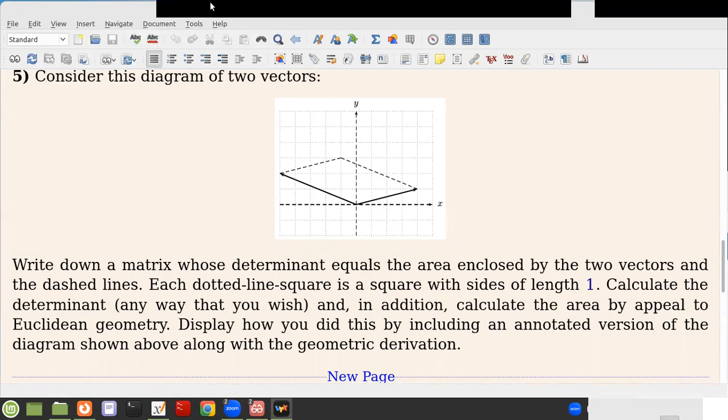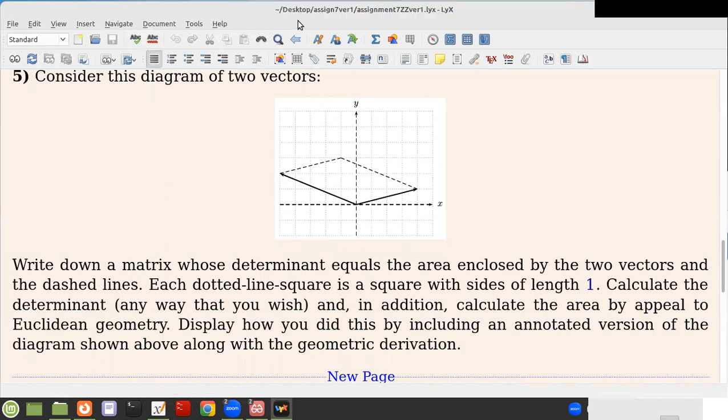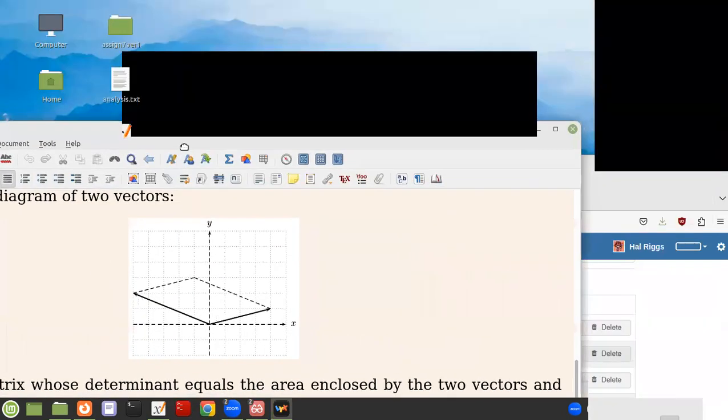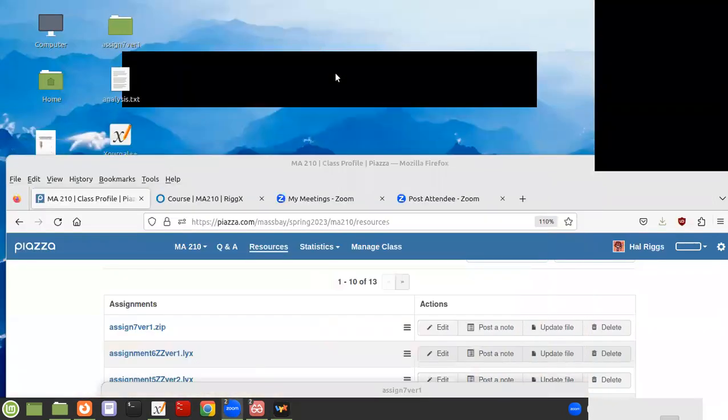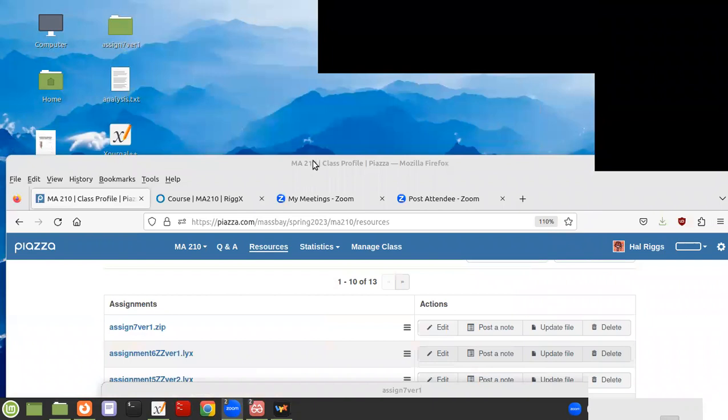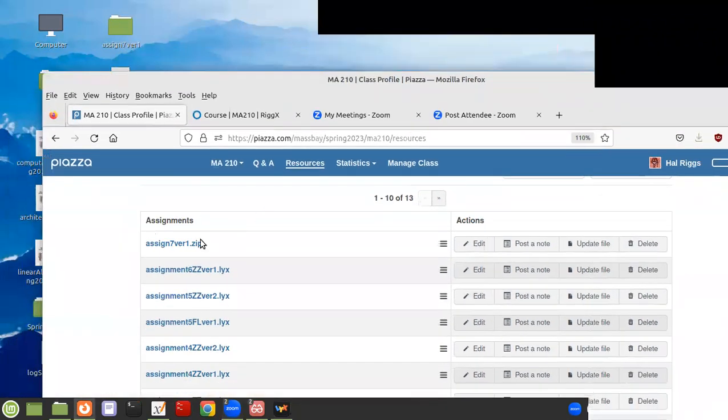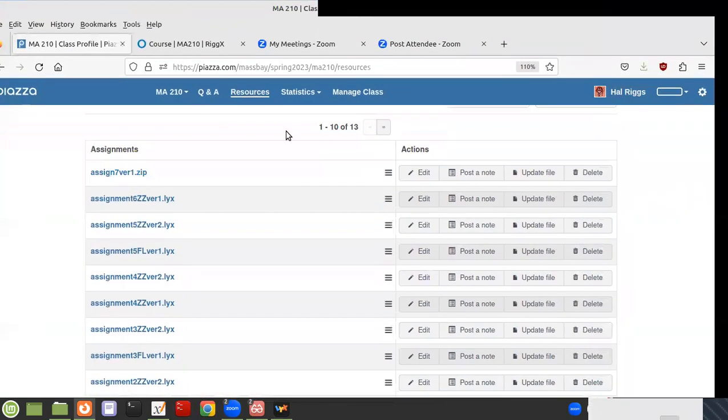It will be good, just in case, to make sure that when you actually turn it in, you post it on Piazza and then download it and look at it to make sure that your diagram hasn't somehow been left out. Okay, that's the last assignment, and I will get up a second version of assignment 6, but it's not up right now.